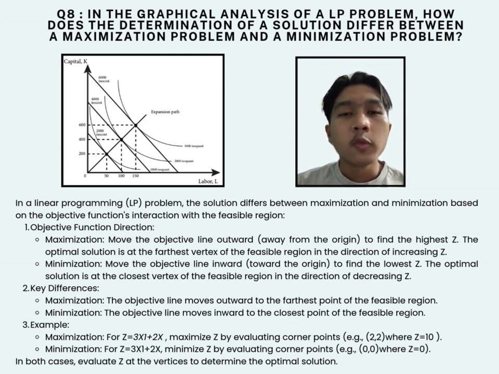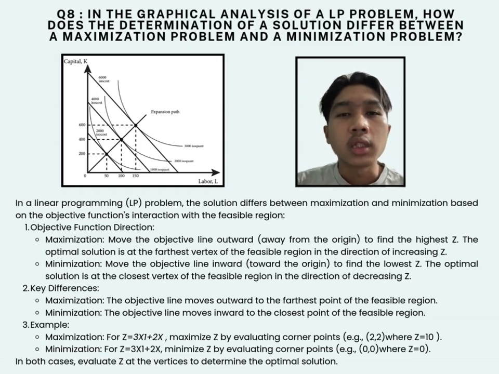Maximization: move the objective line outward, away from the origin, to find the highest Z. The optimal solution is at the farthest vertex of the feasible region in the direction of increasing Z. For minimization, move the objective line inward toward the origin to find the lowest Z. The optimal solution is at the closest vertex of the feasible region in the direction of decreasing Z. Second, key differences.